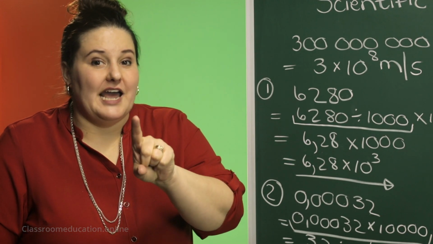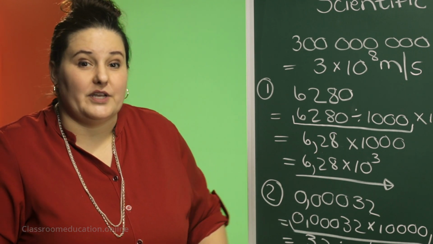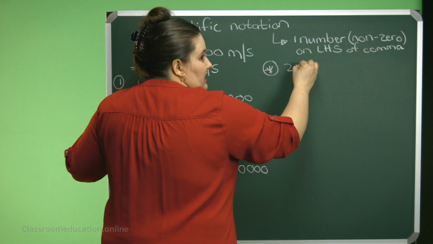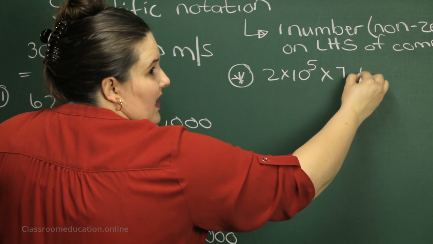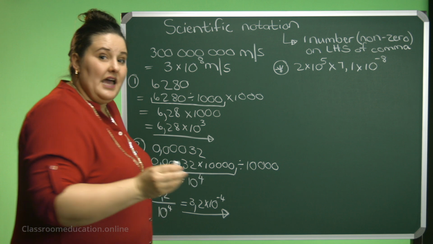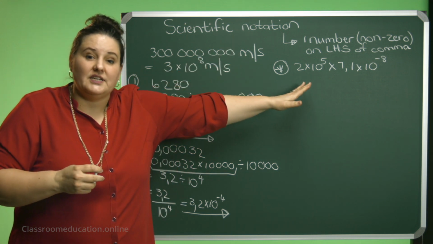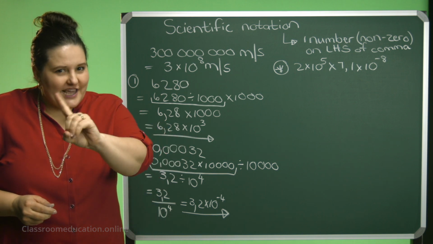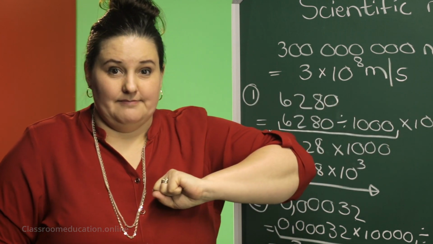Okay, I have now a challenge for you. See what you can do with the following question: 2 times 10 to the power of 5 times 7,1 times 10 to the power of -8. Now I'm giving you values in terms of scientific notation, and I would like to see if you can work it out, but don't grab the calculator. Work it out as it is.